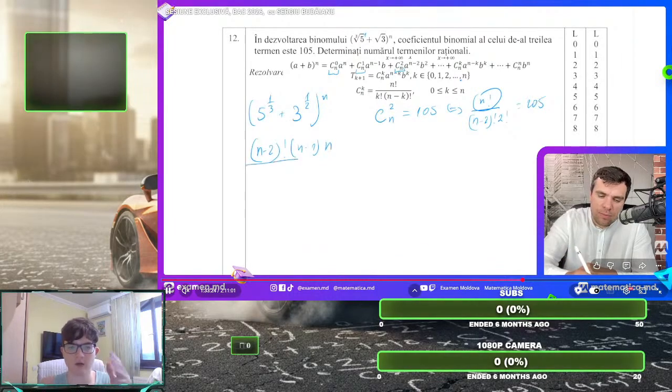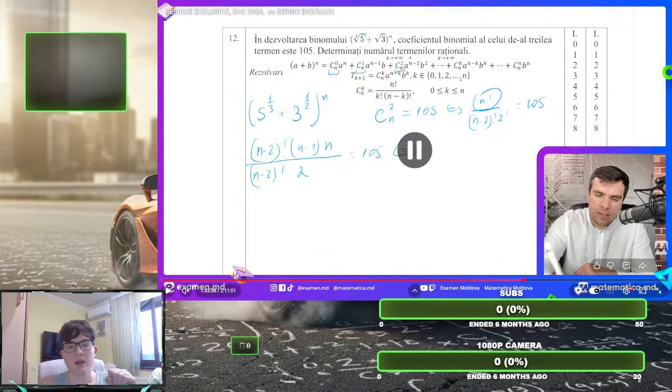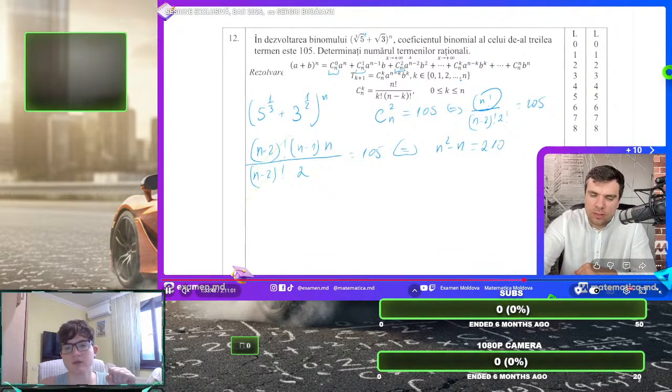So that's how you write it down. Simplify appropriately. Okay, so simplify, and you're gonna have n to the second power minus n equal to 210.